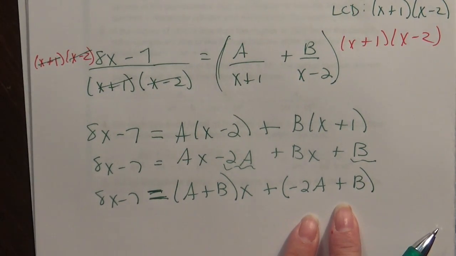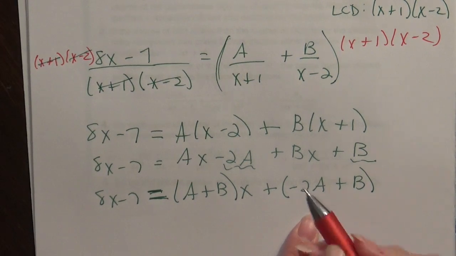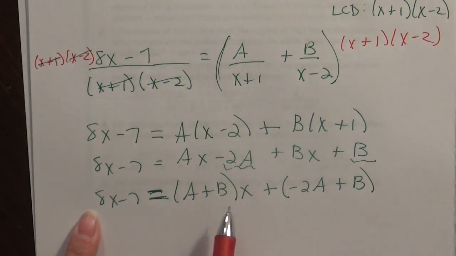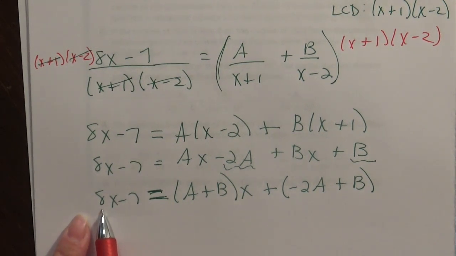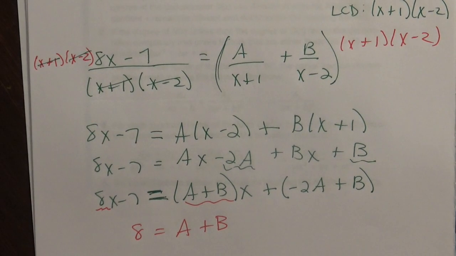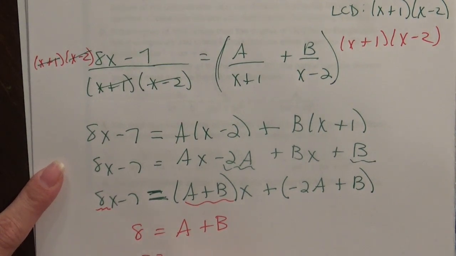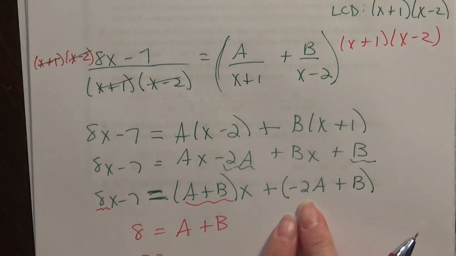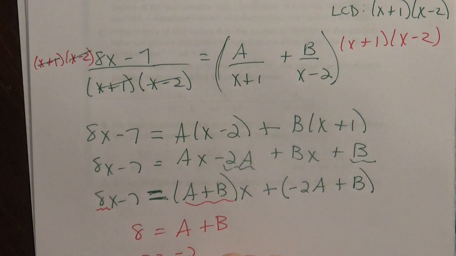So that means that if the coefficients of x have to be equal, we can write a new equation where we can say that 8 is equal to a plus b. And the constant on the left, negative 7, is equal to the constant on the right, the negative 2a plus b.